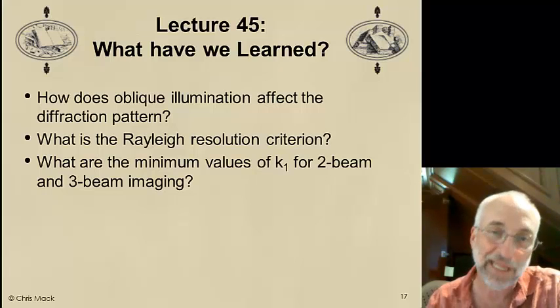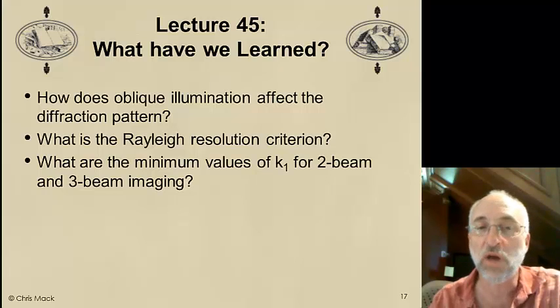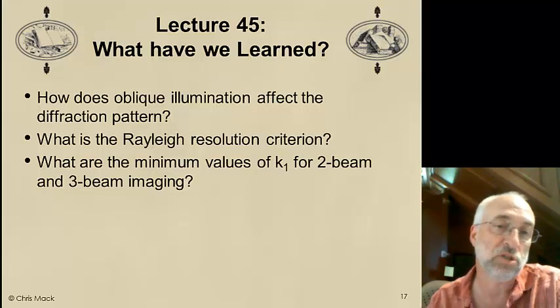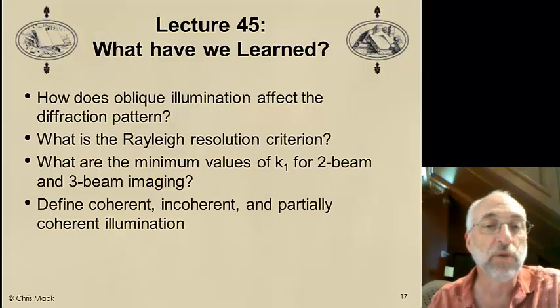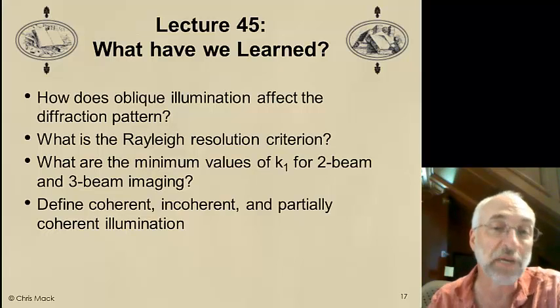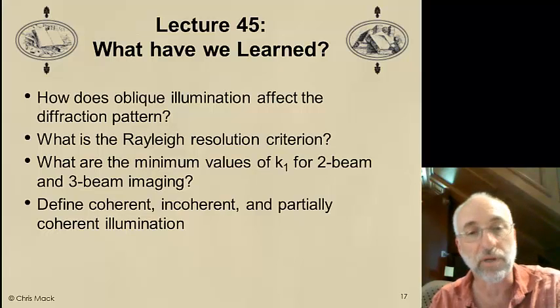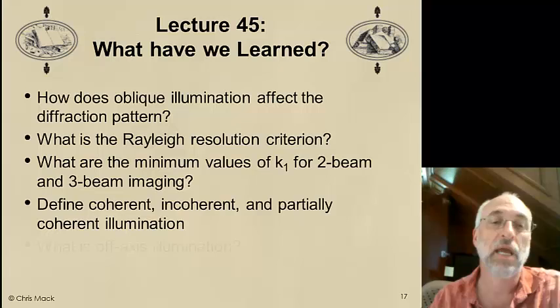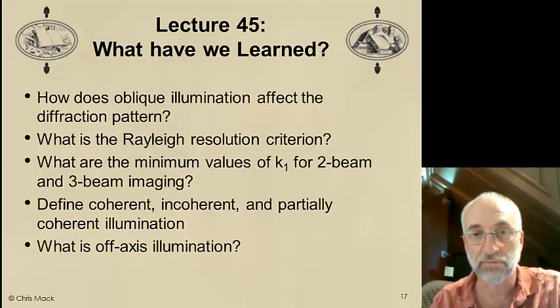K1's in the Rayleigh equation for resolution. What are the minimum values of K1 for 2-beam and 3-beam imaging? Define coherent, incoherent, and partially coherent illumination. And recall that that means spatially coherent, spatially incoherent, and partially spatially coherent illumination. And finally, what is off-axis illumination?